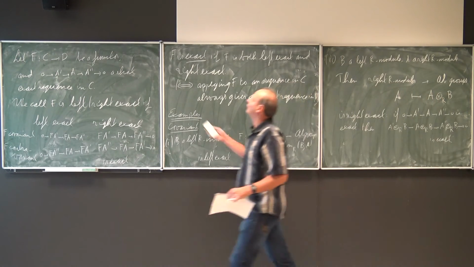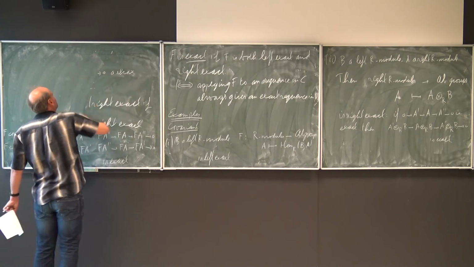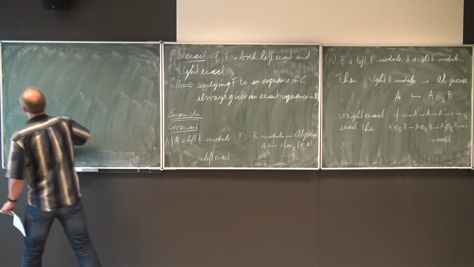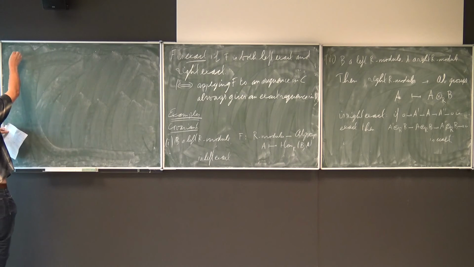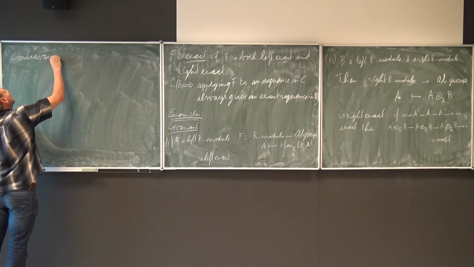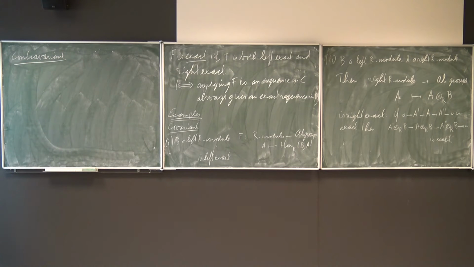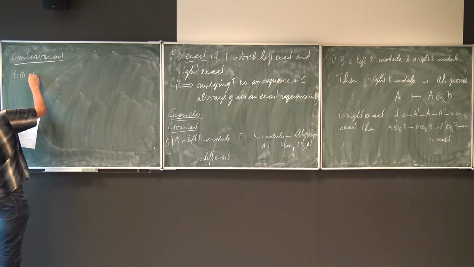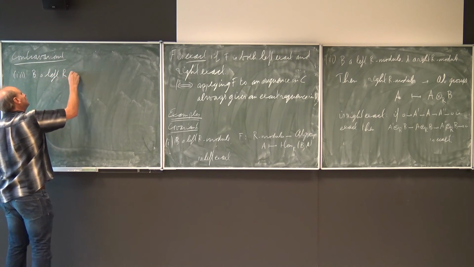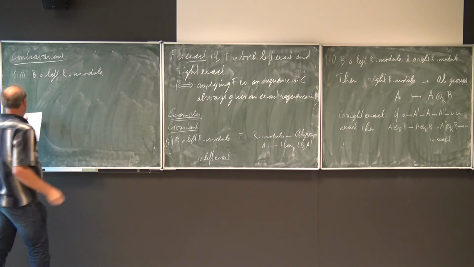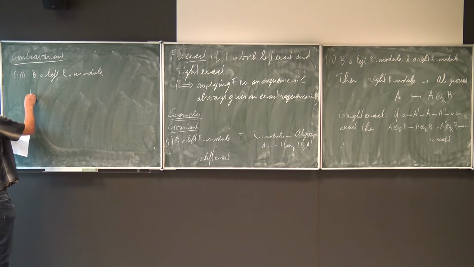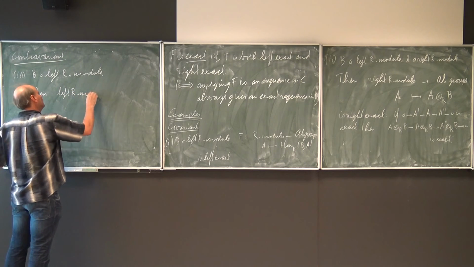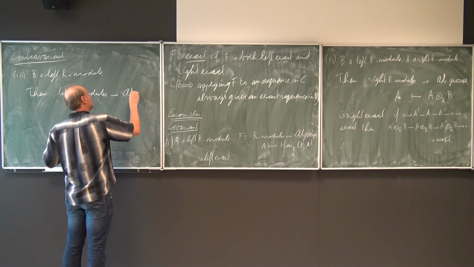Let's go contravariant. And say for 3, let's take B, a left R module, and then I can go from left R modules again to abelian groups.